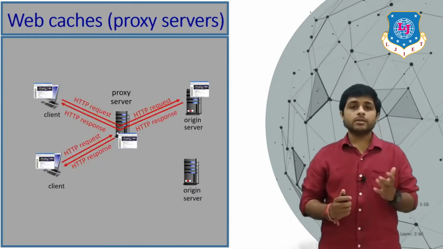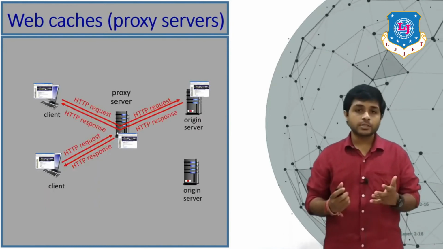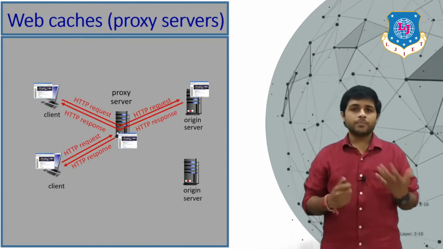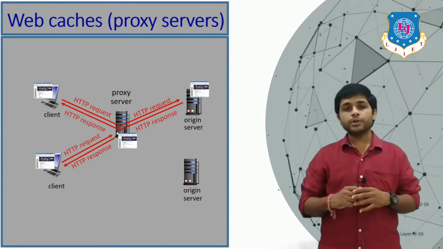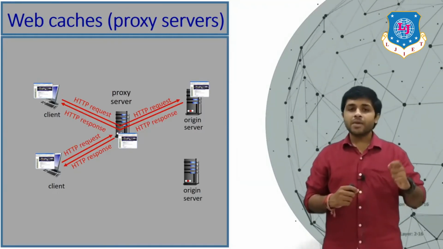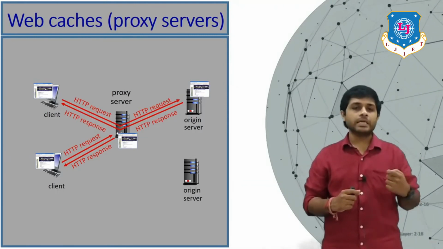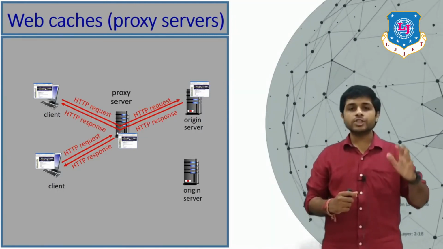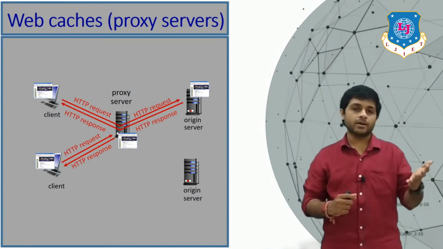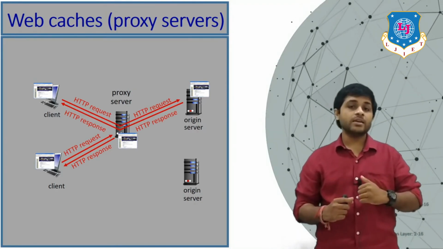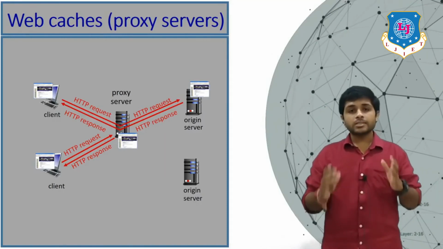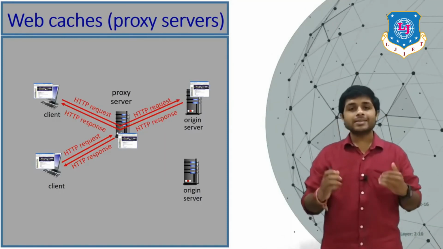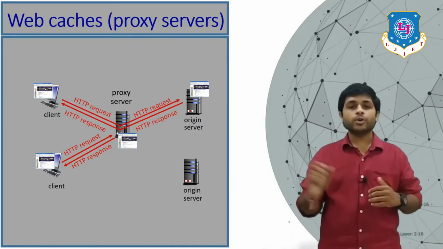Now let's see the web cache and the proxy server. What is a proxy server? Suppose you want to access www.google.com. Every time, your computer sends data to servers which reside in America, which is very far away from your country, right? So there are some proxy servers which are exactly the same as the original server.